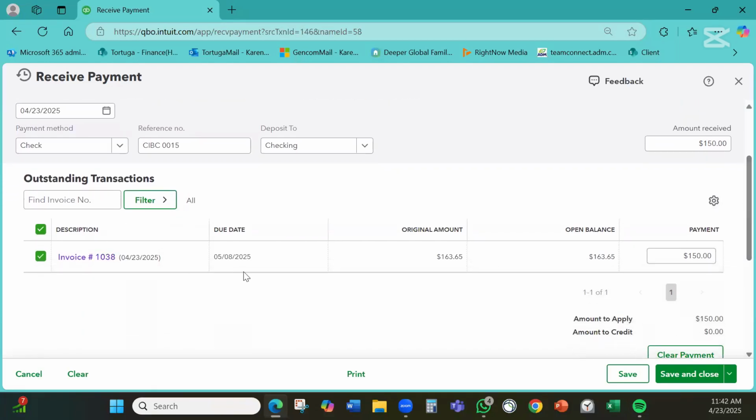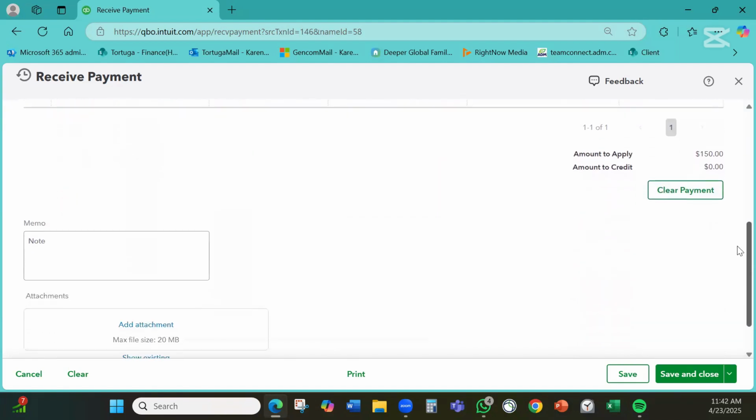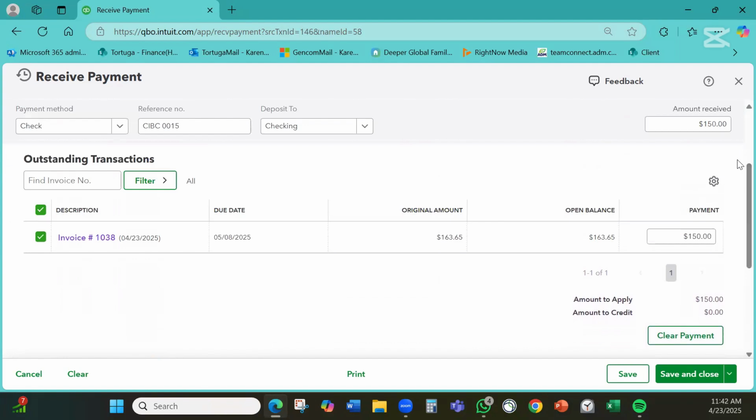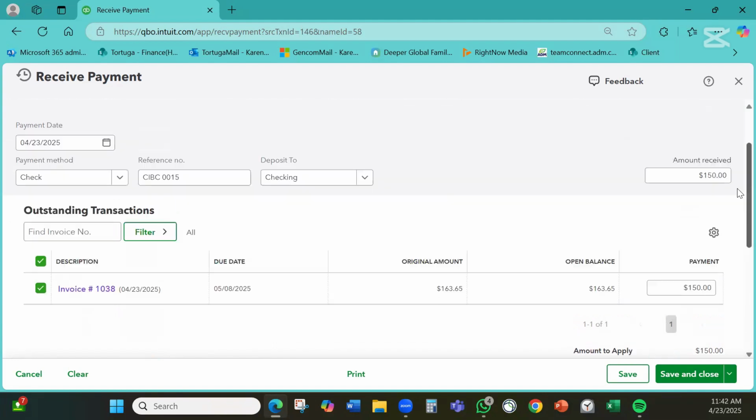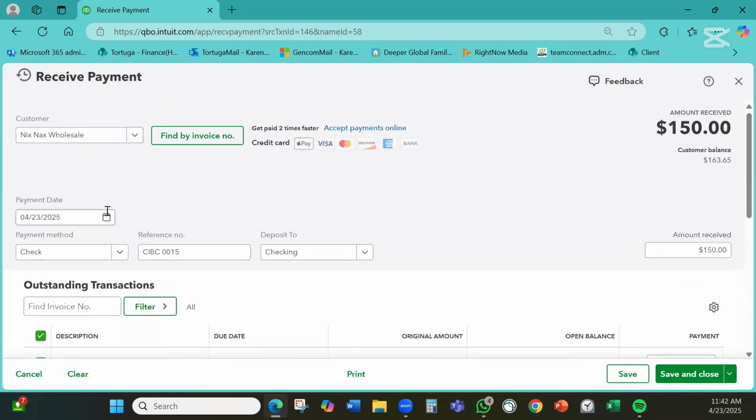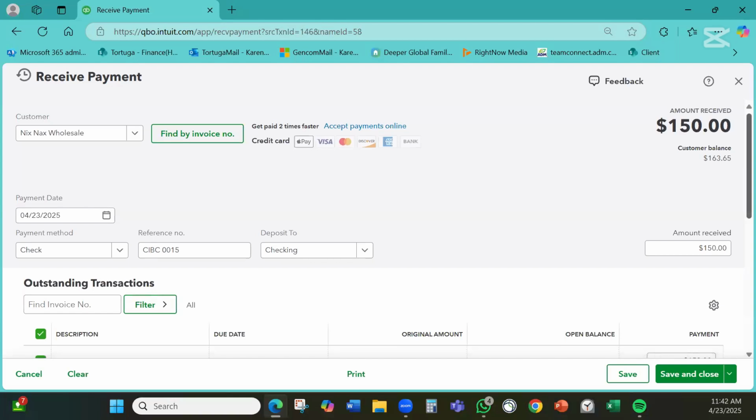If you look down at the bottom here, you will see the original amount is this, the open amount is that because none was paid yet. The payment amount is 150, right? And then all you would do here is just save and close this. You got a check, it was a CIBC check, you got it on the particular date, which is up here, which is today, right?